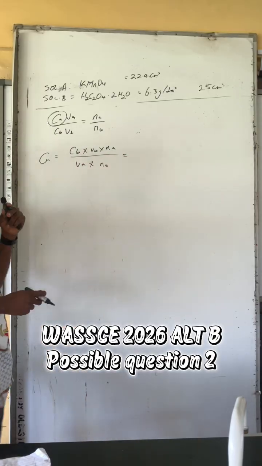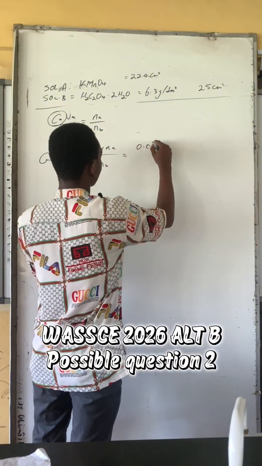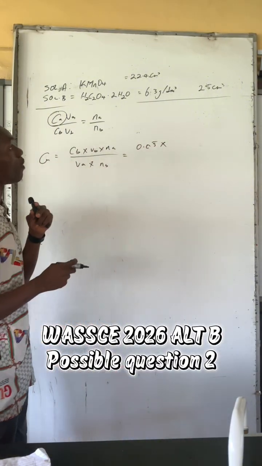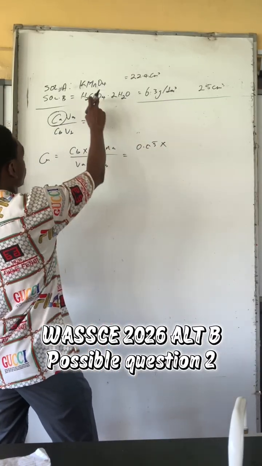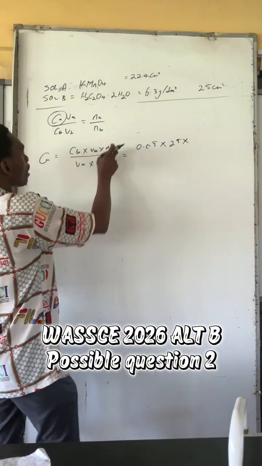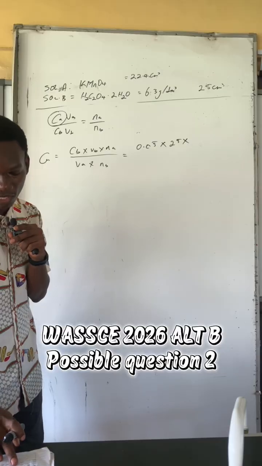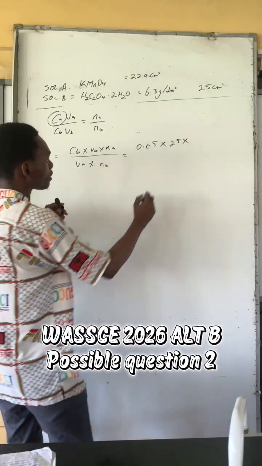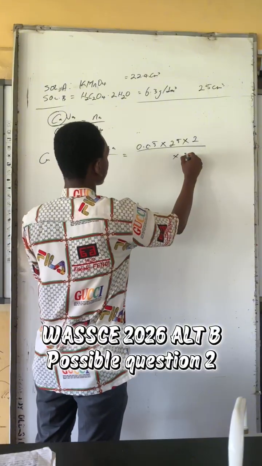Now, what's our concentration of B we got there? 0.05, times our volume of B, which is the oxalic acid, that was used as a pipette, 25, times our number of A from the ratio. We are told that the ratio for oxalic acid is 5 and for this it is 2.